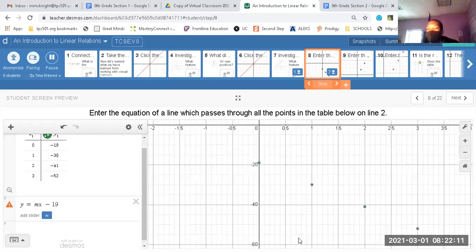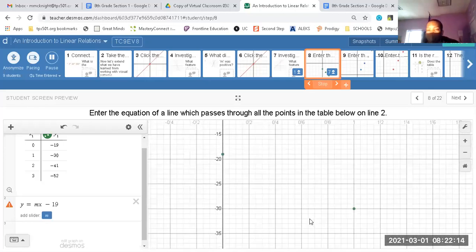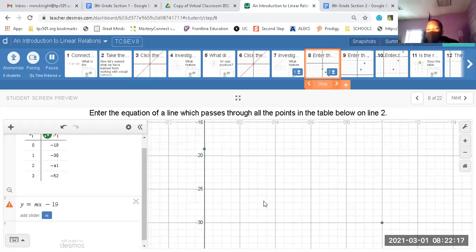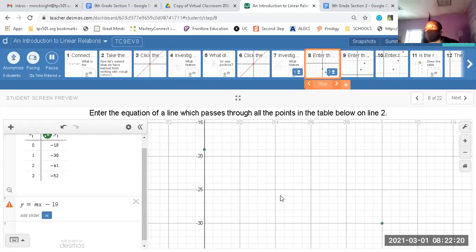Okay, now let's go ahead and try and find what our slope is. In order to find our slope, we do a thing called rise over run. Meaning I'm going to count from this dot to my next dot right here. All I do is count the boxes. So I'm going to go 1, 2, 3, 4, 5, 6, 7, 8, 9, 10, 11. 11 boxes going down.